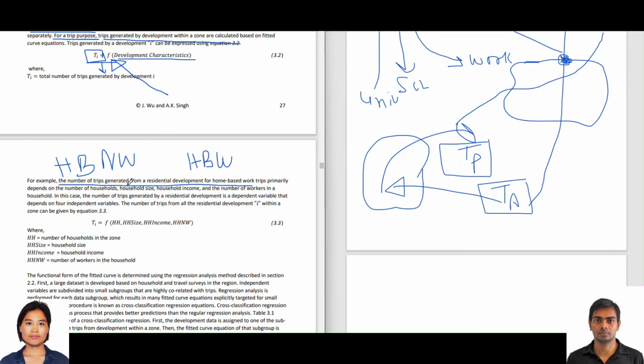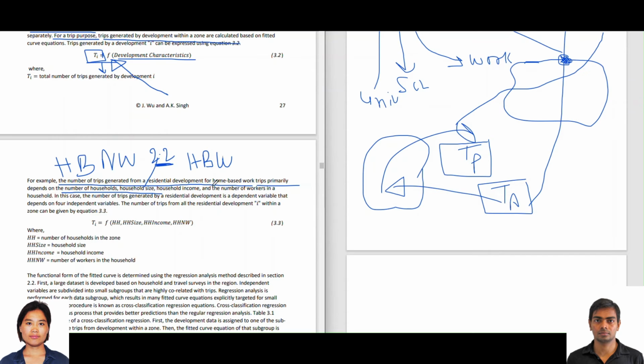So the total number of trips generated from a residential development for home-based work trips primarily depends on the number of households, like the number of apartments in the residential area, household size, how many people live within one household. Usually it's around 2.2. Of course it varies from one location to another, one residential property to another, but this is a typical number.